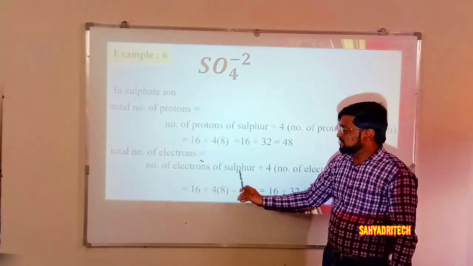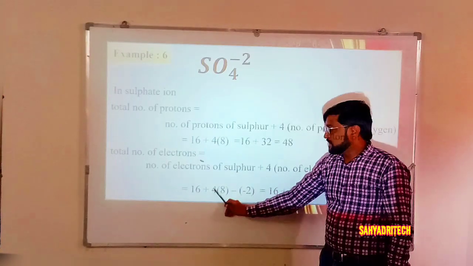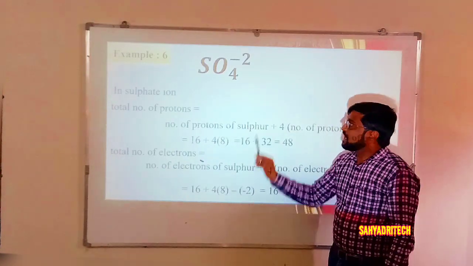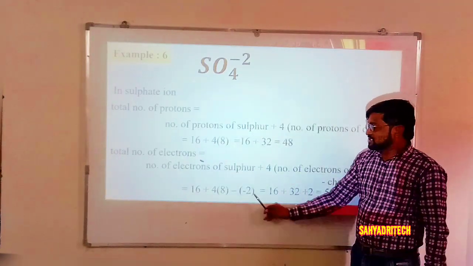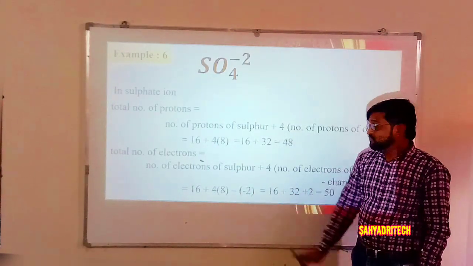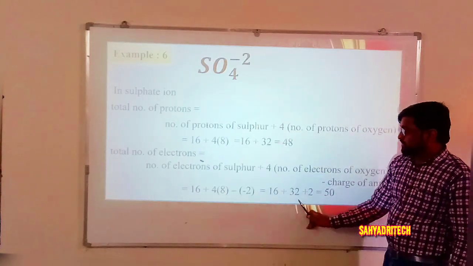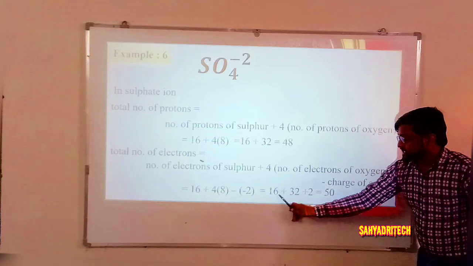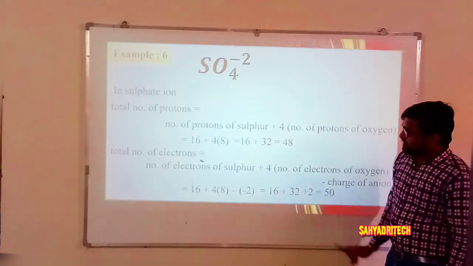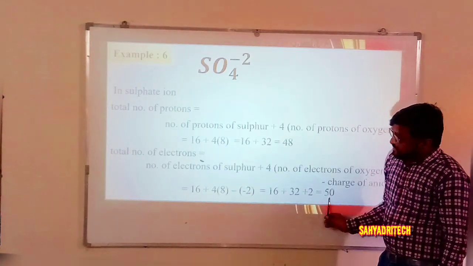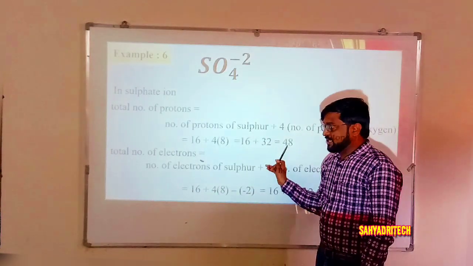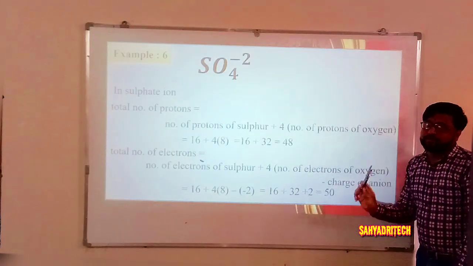So number of electrons of sulfur is 16, plus 4 into number of electrons of oxygen 8, minus the charge of the anion. It is an anion, right? The charge is minus 2, so minus into minus is plus. 16 plus 32 plus 2, the answer is 50. So total number of electrons is equal to 50. Total number of protons is 48, but total number of electrons is 50.